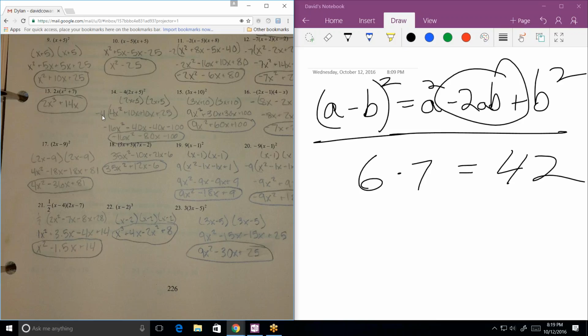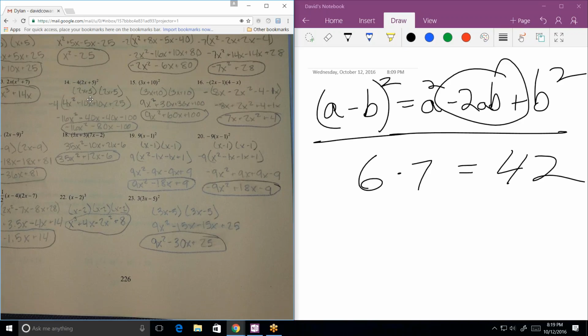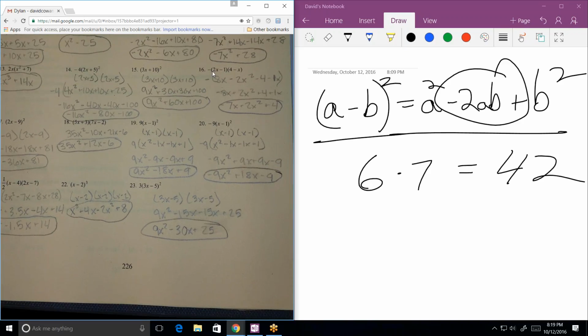But it's really easy, if you leave it out of the first row, to leave it out of the whole thing. So just be careful of that. What I'm mainly trying to do is give you tips on how to cut back on errors. Yeah, I appreciate that. This is fine. 15. 16.